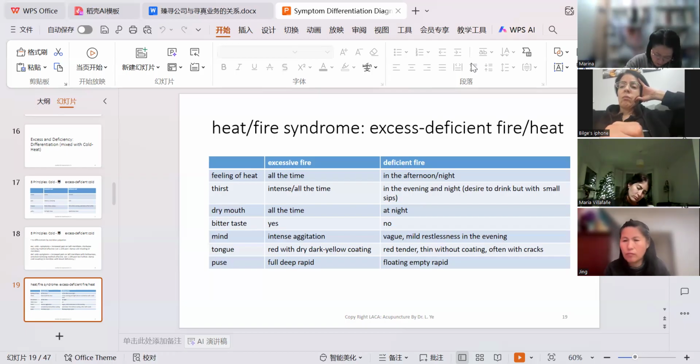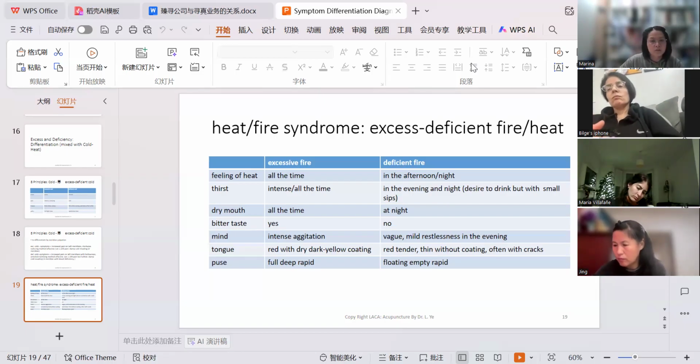Once they drink too much, the more they drink, the more thirsty they are. Sorry, I mixed up this one. With damp and fluid or blood stasis, they hate water. They don't like water because the more they drink, the thirstier they feel, especially with cold water.